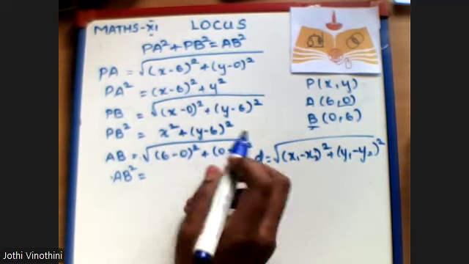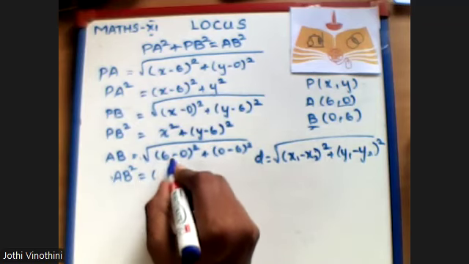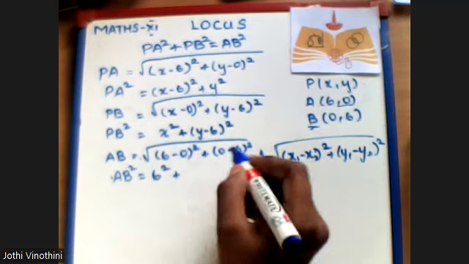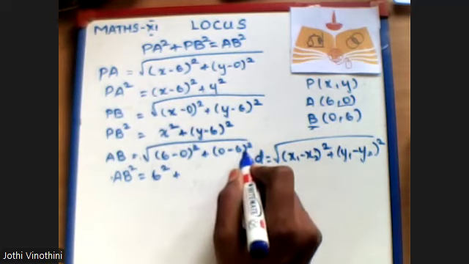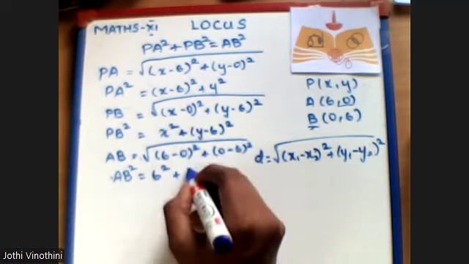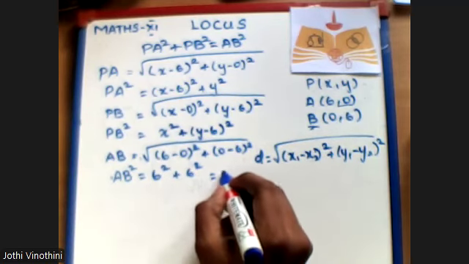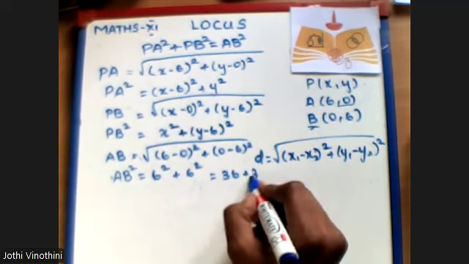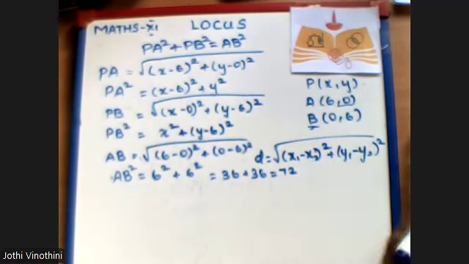While squaring, the square root will get cancelled. So 6 minus 0 the whole square will be 6 square, plus 0 minus 6 the whole square will be 6 squared. So 6 squared is 36, plus again 6 squared is 36, which is equal to 72, right? Right.